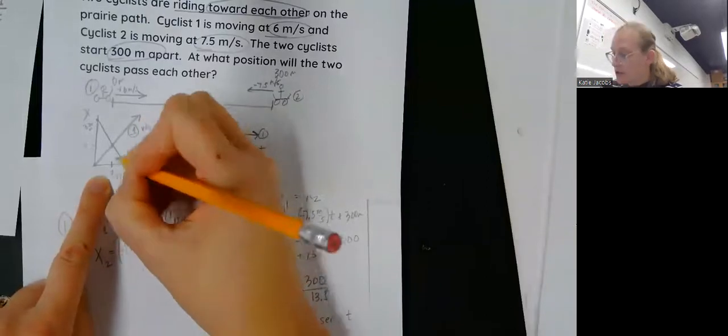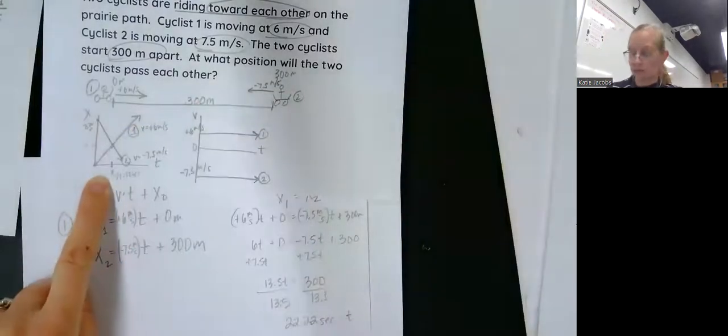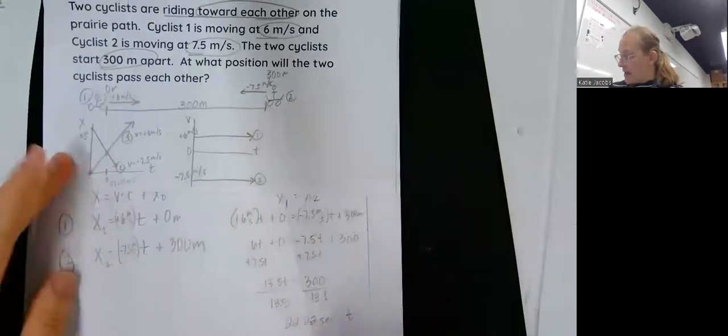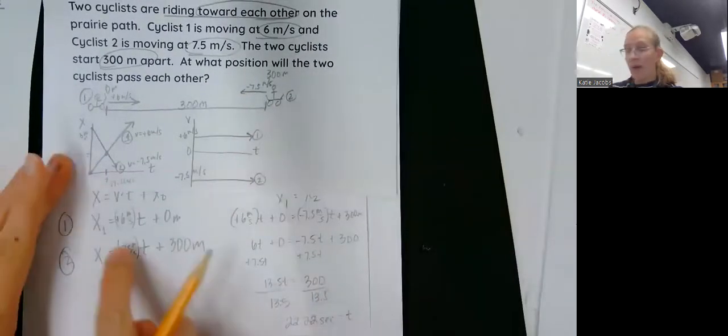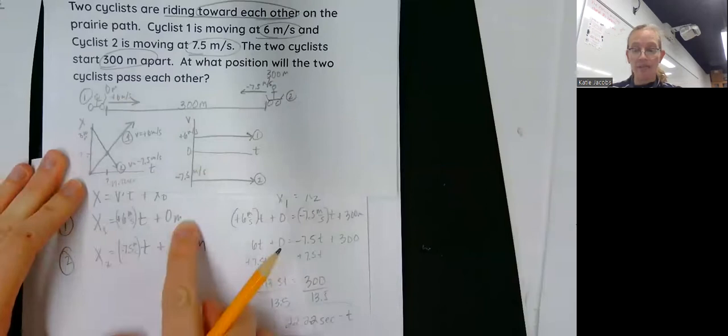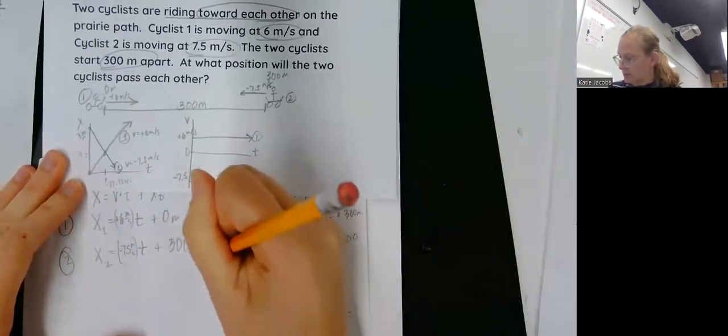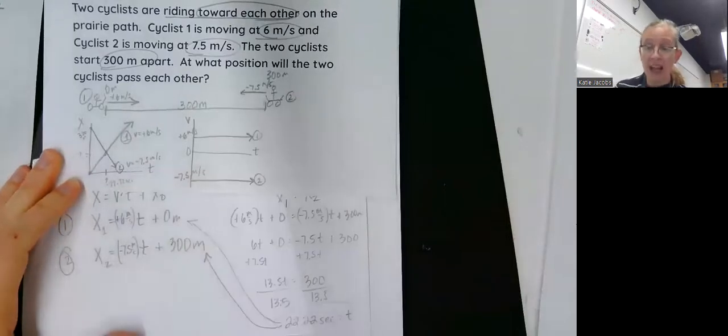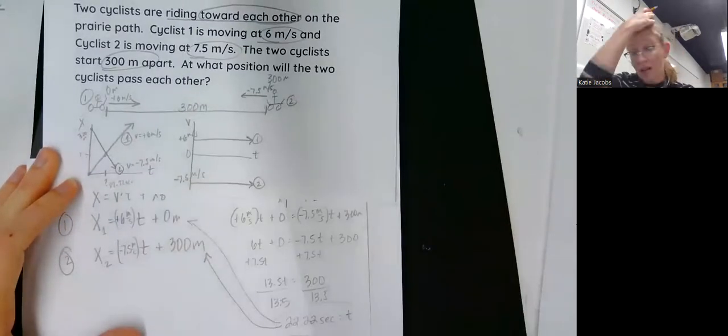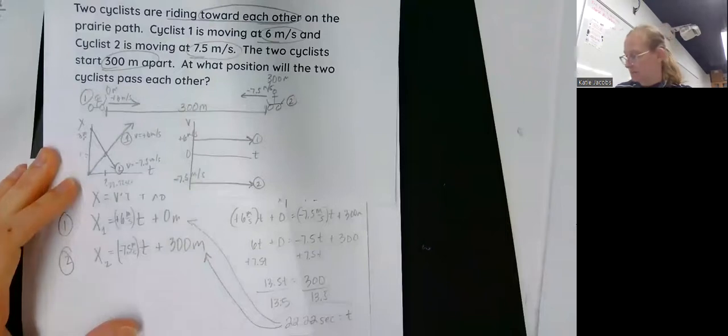This is now 22.22 seconds, but I do not know this position yet. If I know the time though, and now I have my position equation, I can take this time and sub it back into either equation, and I should get the same position no matter which one I place it into.